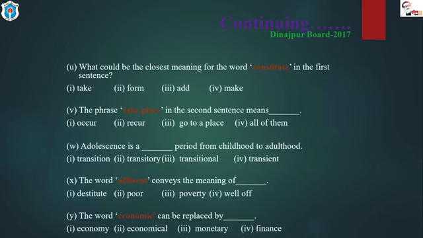This lesson, Adolescence Lesson 2, was taken as the passage from which MCQs were given in Dinajpur Board 2017, dear students. I am giving you 2 minutes to write down the answer in the comment box.